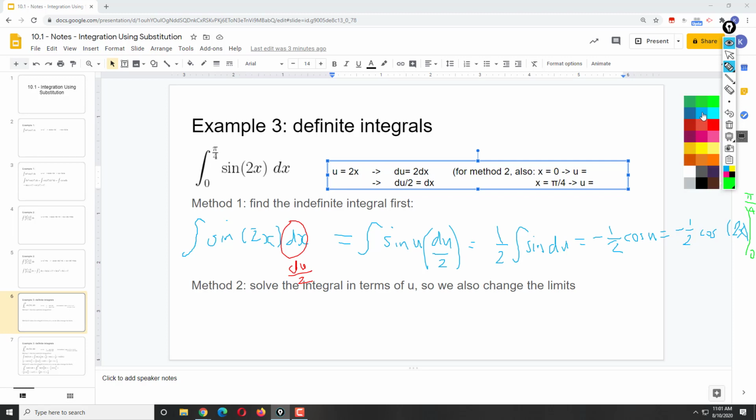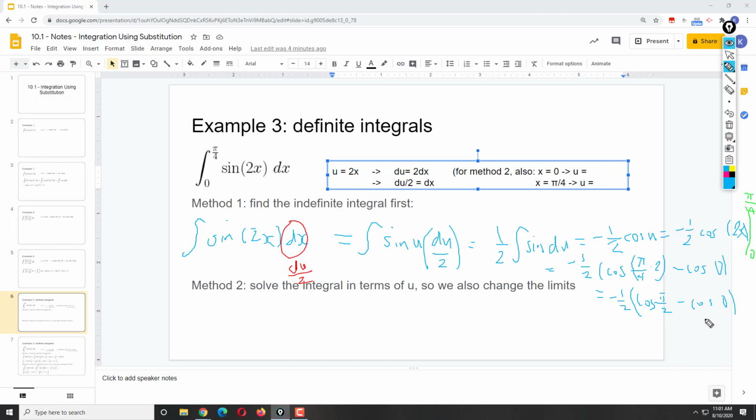So that's going to equal negative 1/2 of cosine of pi over 4 times 2, because 2x, minus cosine of 0, which is equal to negative 1/2 of cosine of pi over 2 minus cosine 0. That's equal to negative 1/2 of 0 minus 1, which gives us positive 1/2. That's it.